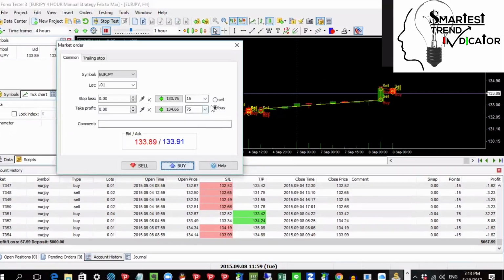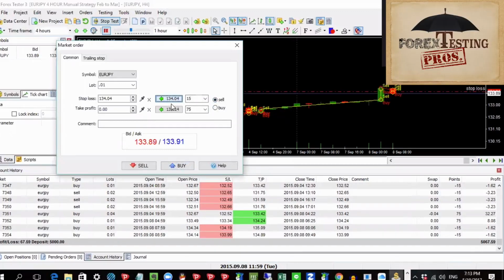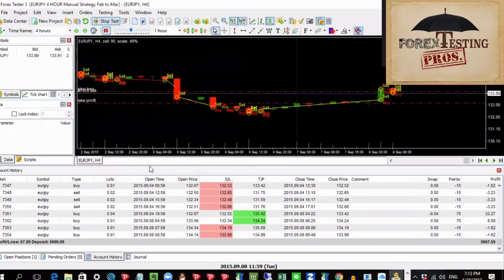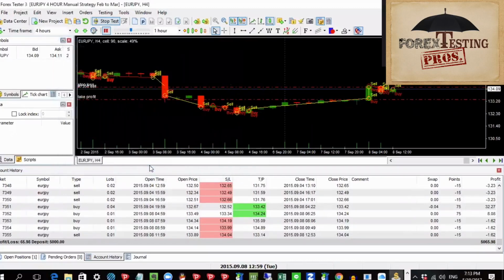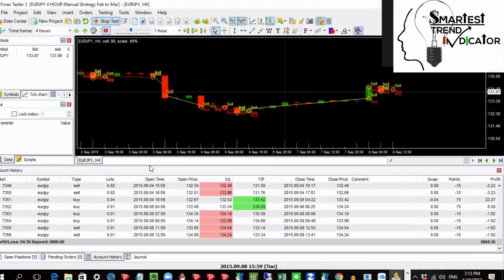Okay, go sell now. 1. Okay, doing the same direction. 2, 3, 4. Okay, I don't know what this is. It looks green, so I'm just gonna go green.